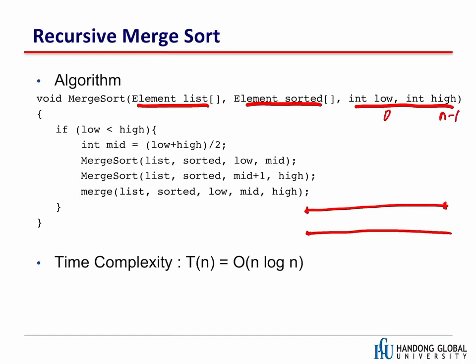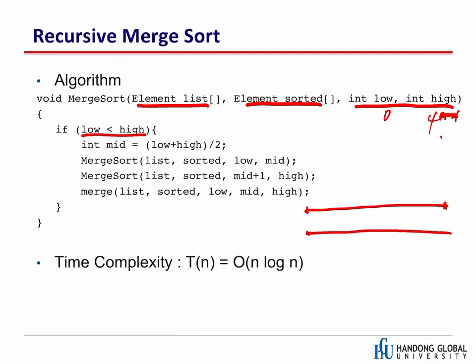So let's say we have 5 elements here. Then low is 0 and high is 4. From the main function when we call, we check if low is smaller than high. Yes, 0 is smaller than 4. But we have 5 elements here.